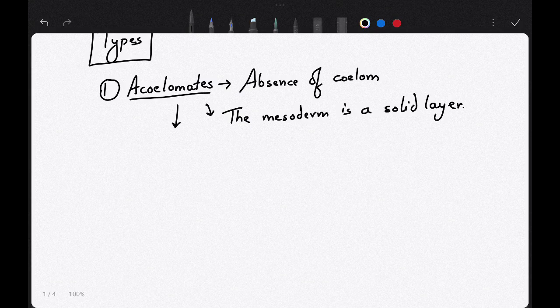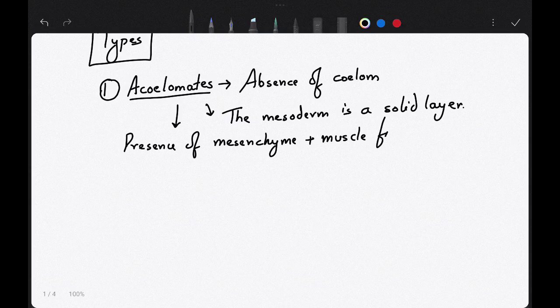Where are these present? Between the ectoderm and the endoderm.